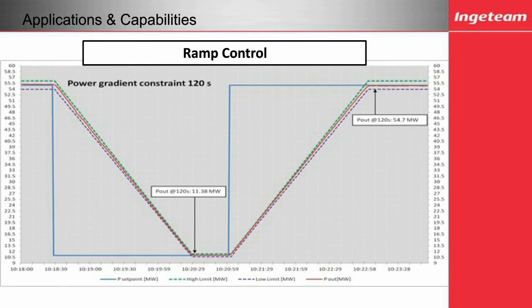Here is an example of ramp control where the new set point is sent to the plant, and as a power percentage over time as specified by the grid operator, you can see the bounds within which the actual plant is able to meet the new set points set by the grid operator over the duration of time that he or she requests, down and up.